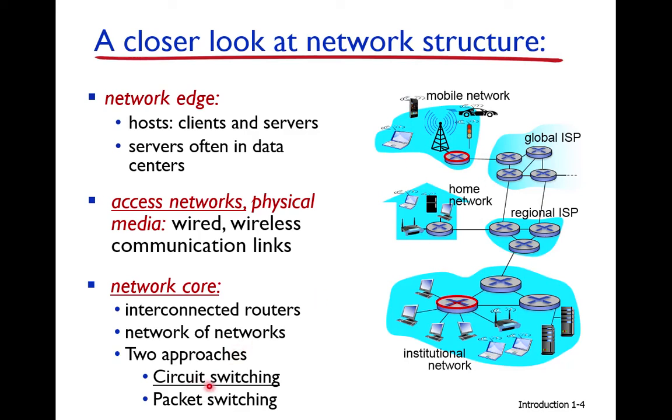One approach is called circuit switching technology and another approach is called packet switching technology. So I think it is now clear, and now we are going to discuss what is circuit switching and what is packet switching, and we will discuss them through examples.